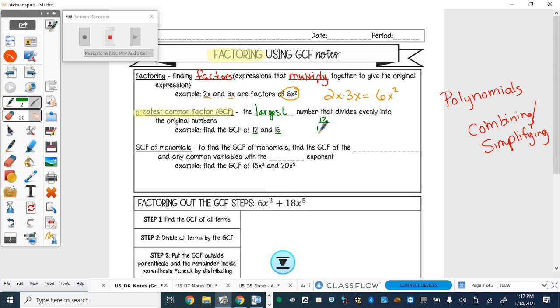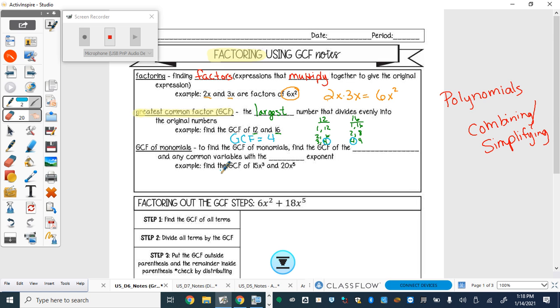One option you have is to write out all of the factors. For 12, 1 times 12, 2 times 6, 3 times 4. 16 would be 1 times 16, 2 times 8, and then 4 times 4. So the largest factor that they both have in common would be that 4. So the GCF of 12 and 16 is 4.